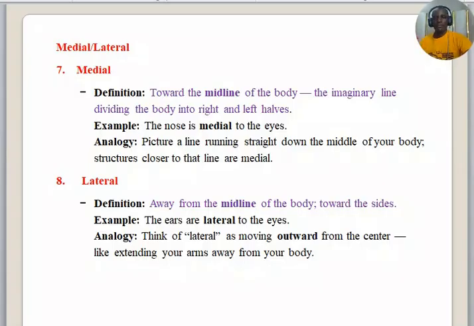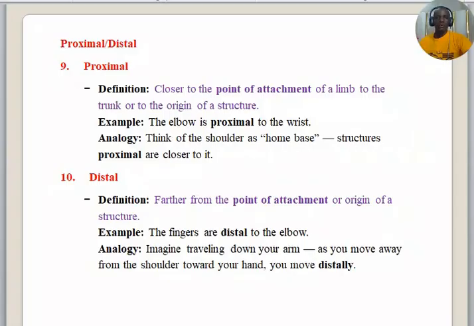So when you talk of proximal and distal, proximal is closer to the point of attachment of the limb to the trunk or the origin of the structure. Example, the elbow is proximal to the wrist. Look at my wrist, and we have the elbow. Think of the shoulder as the home base of the structure.